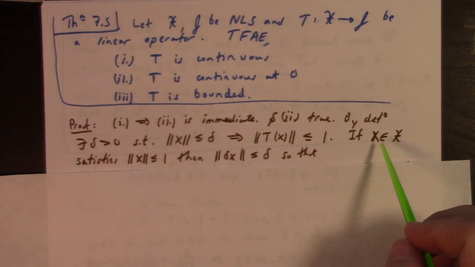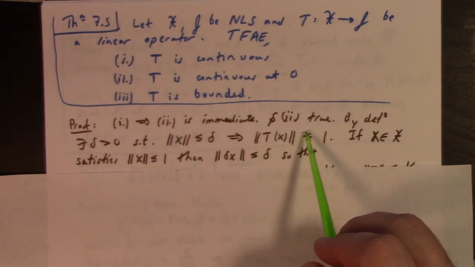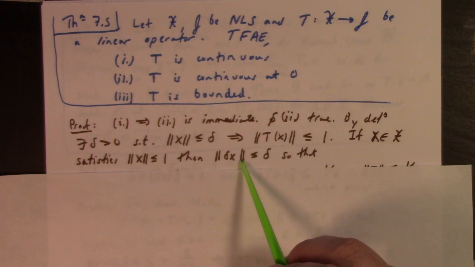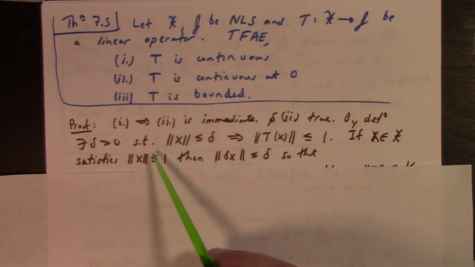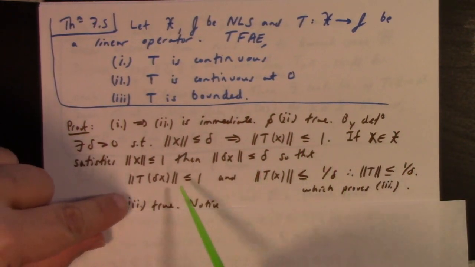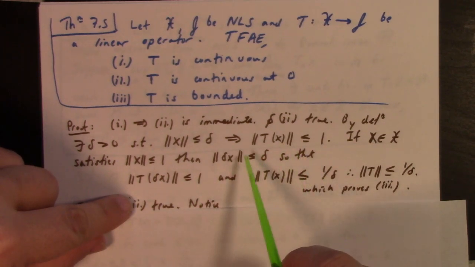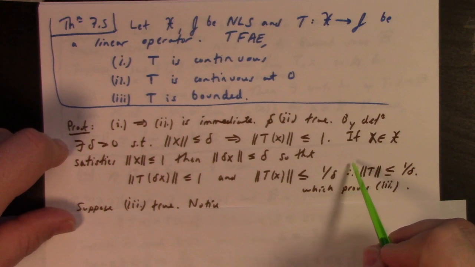If x is in X slash and it satisfies that, then the norm of delta x is less than or equal to delta. All right, I'll buy that. So then T of delta x is less than or equal to 1, combining these two things, which says that T of x is less than or equal to 1 over delta.